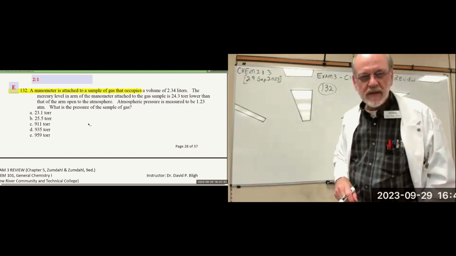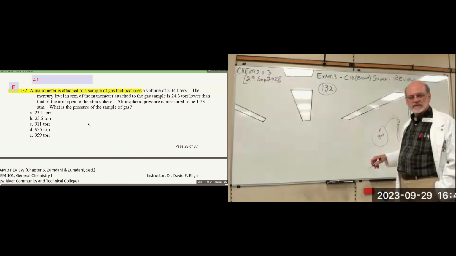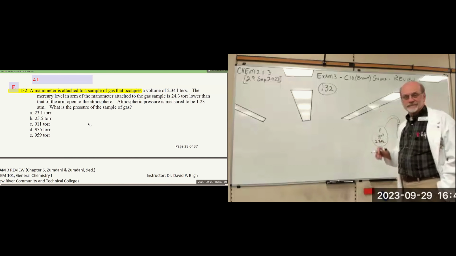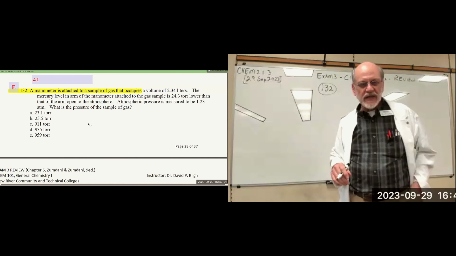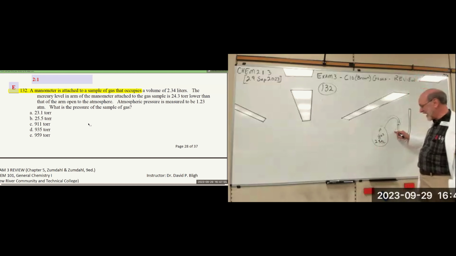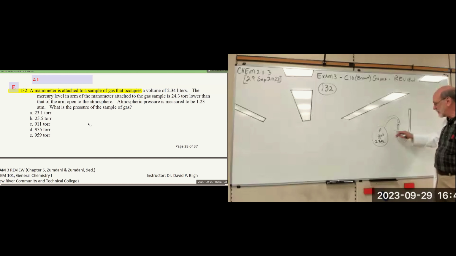Okay. It occupies a volume of 2.34 liters. Maybe we need that, maybe we don't. The mercury level in the arm of the manometer attached to the gas supply on this side is 24.3 torr, or millimeters of mercury, lower than that on the arm in the open atmosphere.